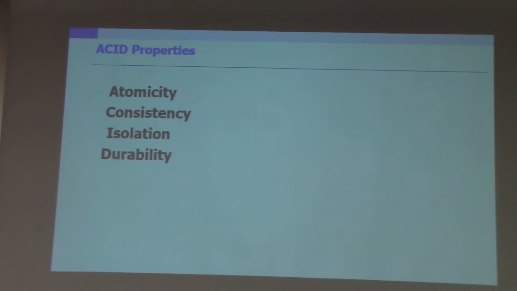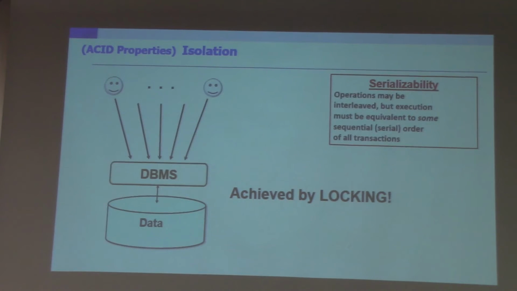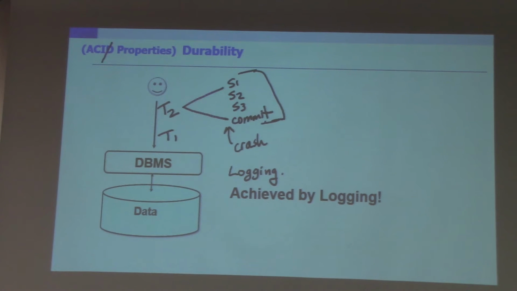I think we have a fairly good understanding of atomicity, isolation, and durability. The only thing I need to explain to you is consistency. What does it mean to ensure consistency in a database engine by the transaction manager? Isolation is achieved by logging, which I will discuss in detail right after this lecture slide, so I will skip this part.